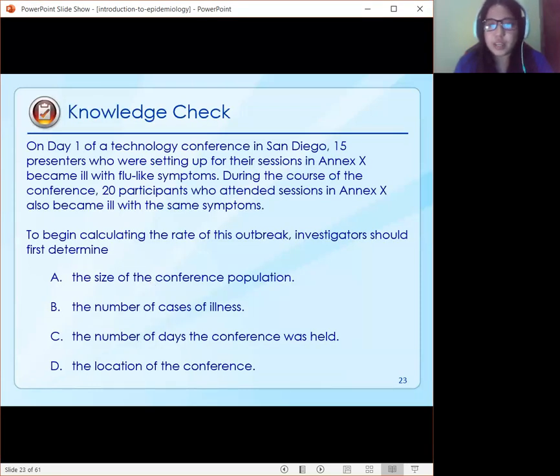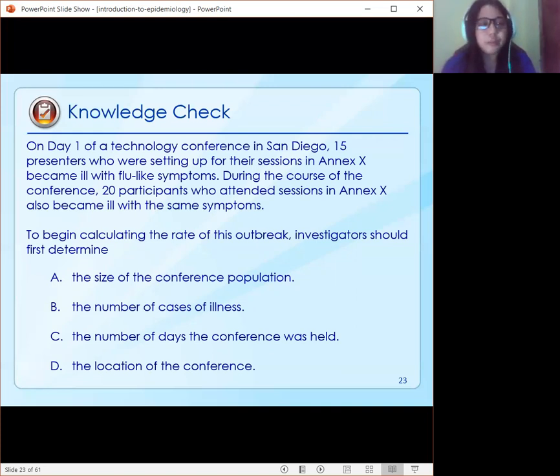Okay, so let us have a knowledge check. On day 1 of a technology conference in San Diego, 15 presenters who were setting up for their sessions in Annex X became ill with flu-like symptoms. During the course of the conference, 20 participants who attended also became ill with the same symptoms.